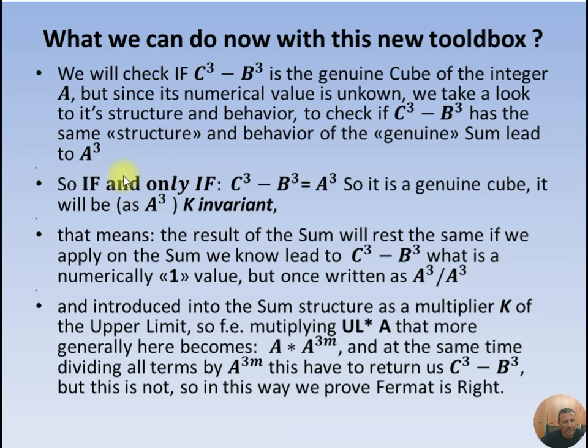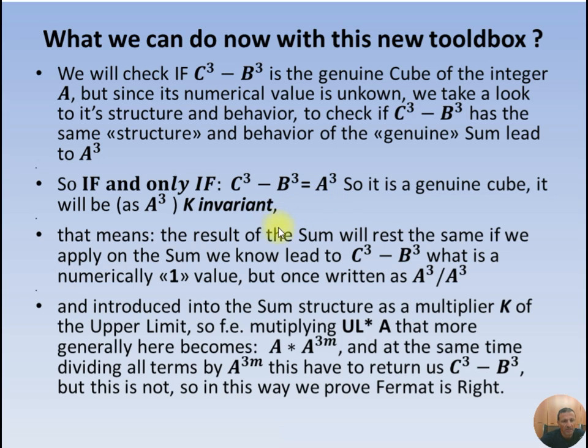So if and only if c cube minus b cube is equal to a cube, so it is a genuine cube, it is as a cube K invariant. So we can compute this sum changing K in a way different from the one we see in the limit, and the result must be again a cube.